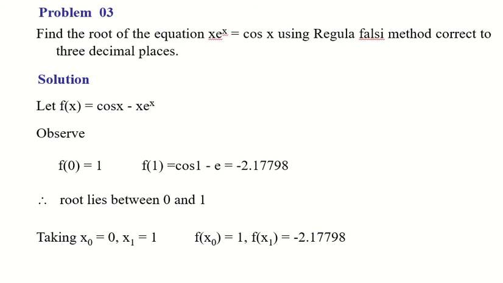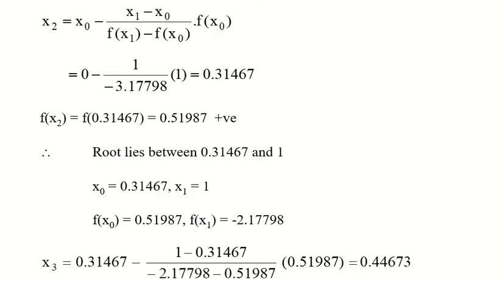So instead of x0 we are using x2. You can observe it here. Instead of x naught, you are using x2, that is your x naught will be now x2, 0.31467. So the root lies between 0.31467 and 1. So continue the procedure.